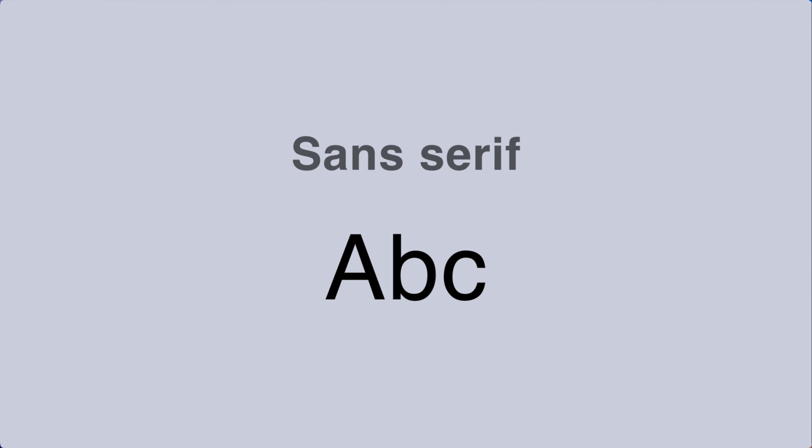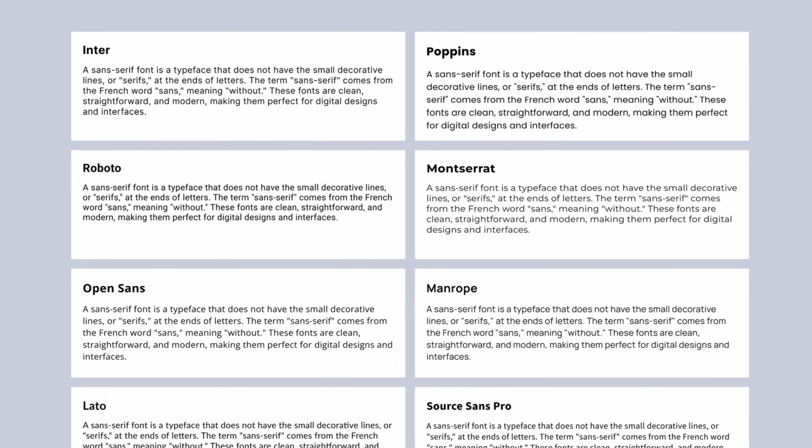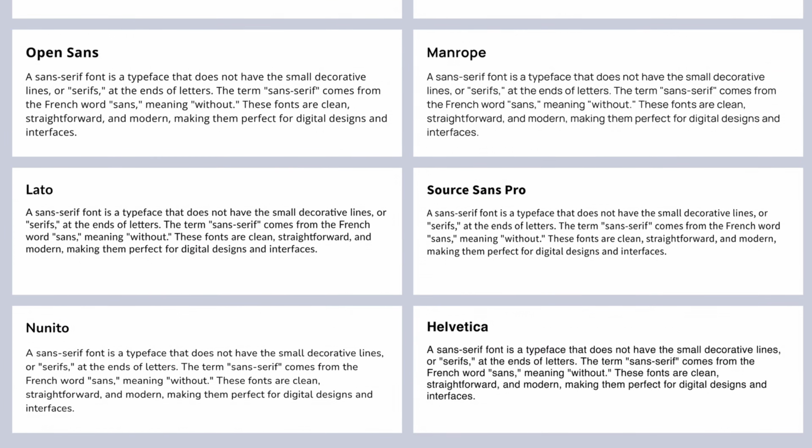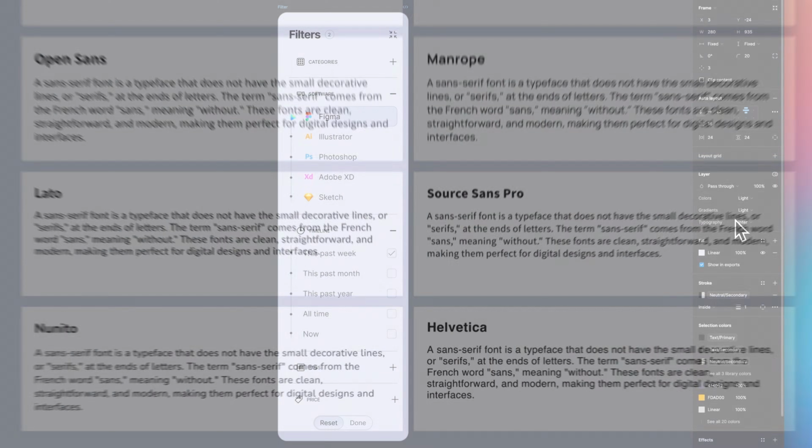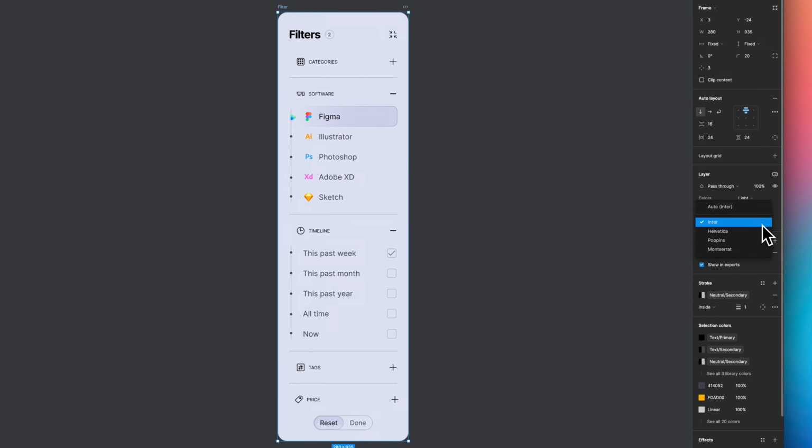On the other hand, sans-serif fonts don't have those extra lines, and the word sans actually means without. So sans-serif fonts are clean and simple. That's why they are commonly used in apps and websites.